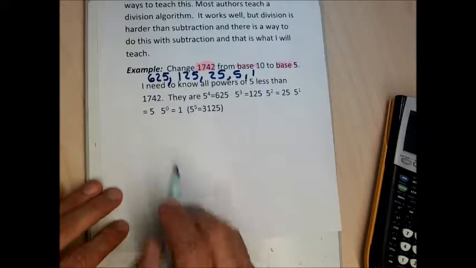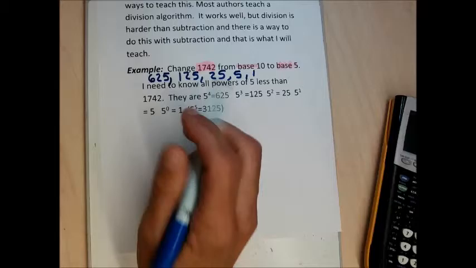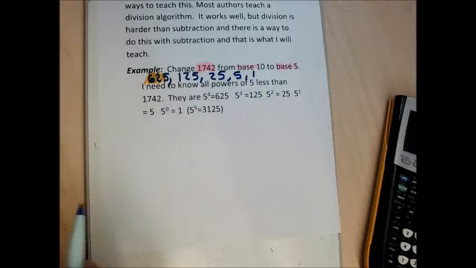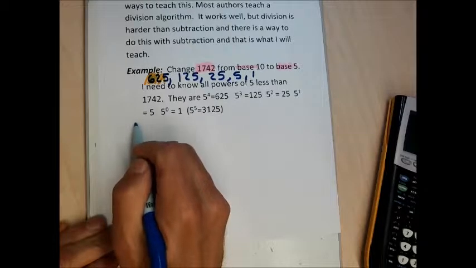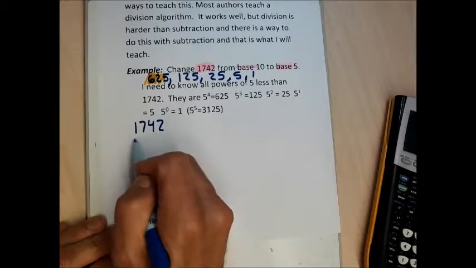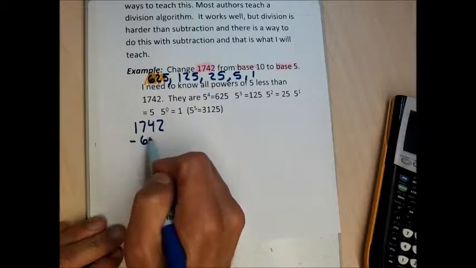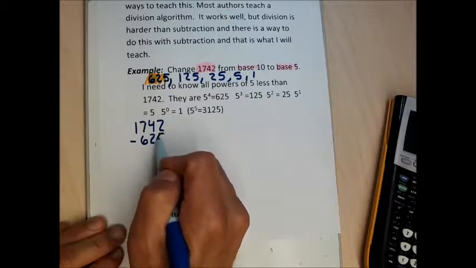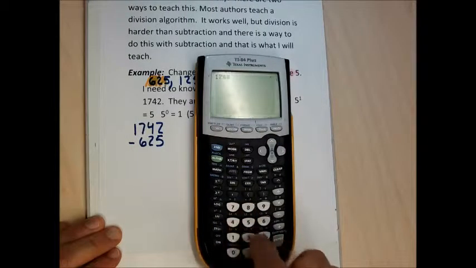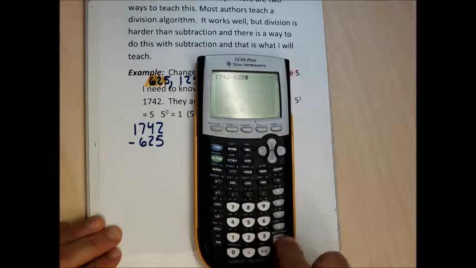How do I do that? I'm going to start with the largest power of 5 that's less than 1,742, and I'm going to start subtracting. I'll pull out my calculator and subtract 625 from 1,742.